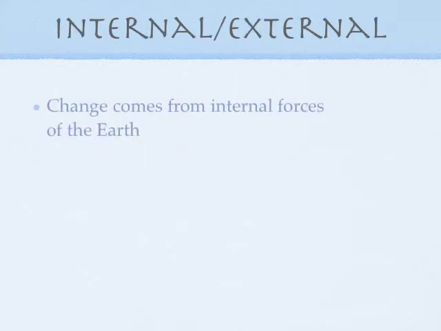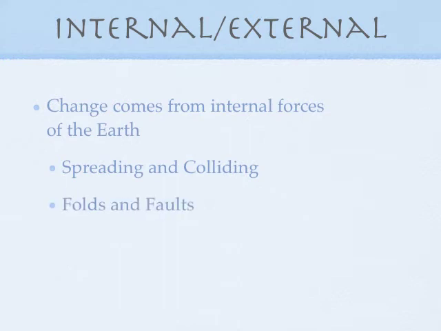Internal and external forces of change. Changes come from the internal forces of the Earth, spreading and colliding, folds and faults, and earthquakes. All of these work together to make the planet change, make the planet evolve. We also have volcanic eruptions.